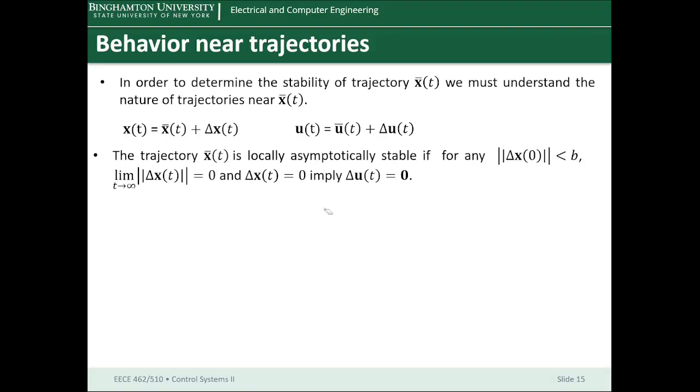We need this second constraint because we want, when x equals x bar, u to equal u bar. Because under this condition, our desired output follows the reference signal. To analyze this, we substitute x equals x bar plus delta x and u equals u bar plus delta u into the state equation.